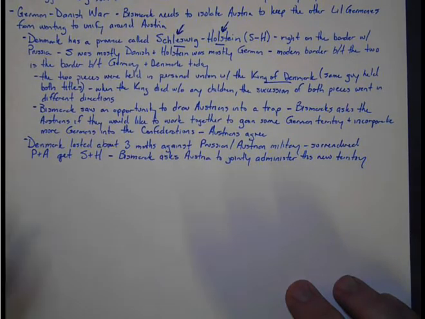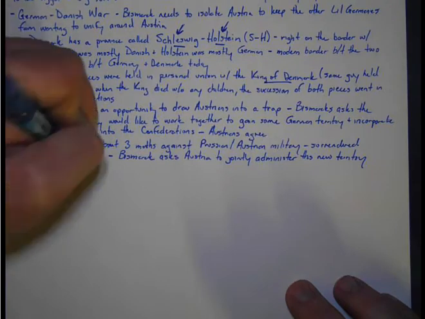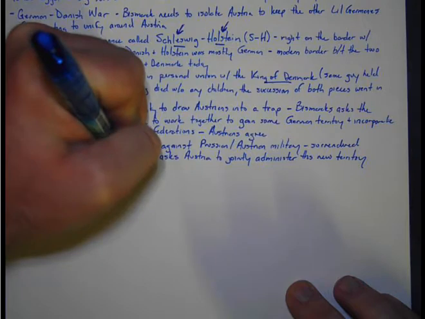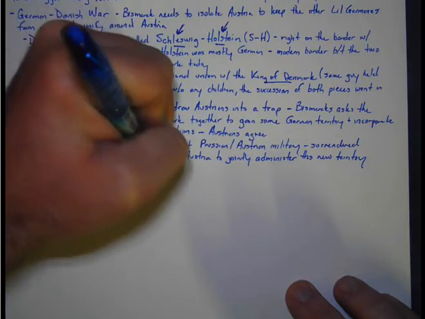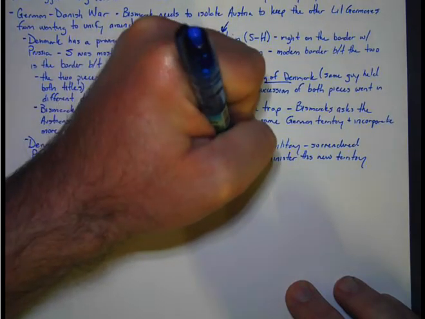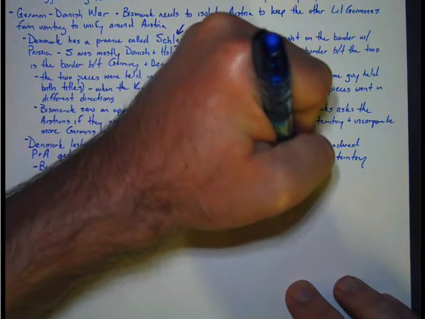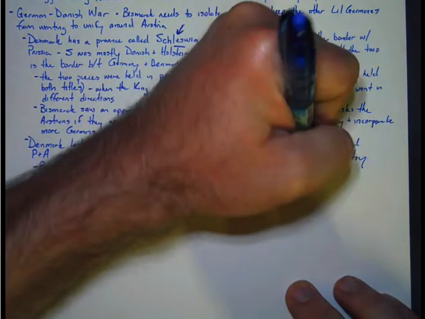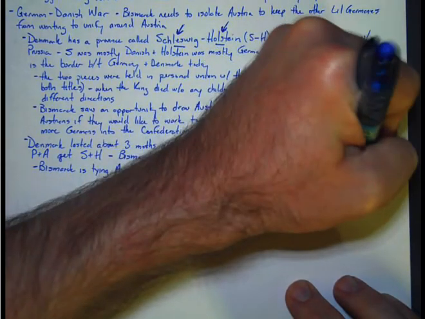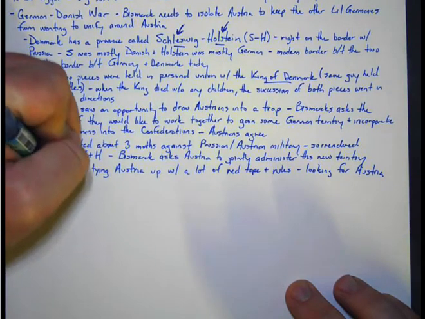And really what Bismarck is doing is tying Austria up with a lot of red tape and rules, looking for Austria to violate one of these rules.